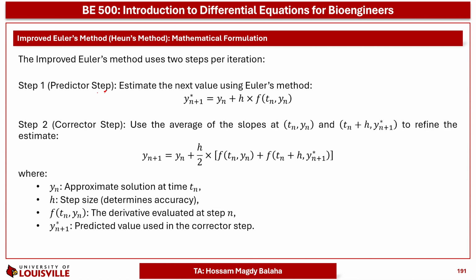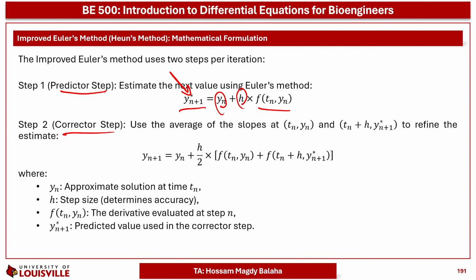One is called the predictor step, and the second is called the corrector step. The predictor step is to estimate the next value using the earlier method, which is traditional, as we mentioned in the Euler method: the current value plus h multiplied by f(tn, yn), and this will give y(n+1)*, but here we added a star, because this will not be the final value.